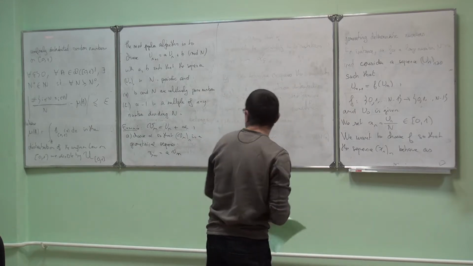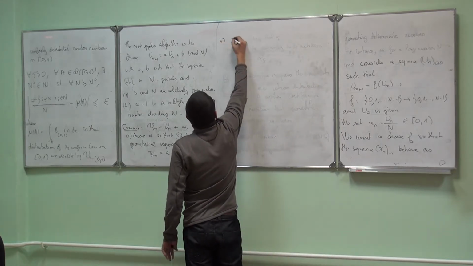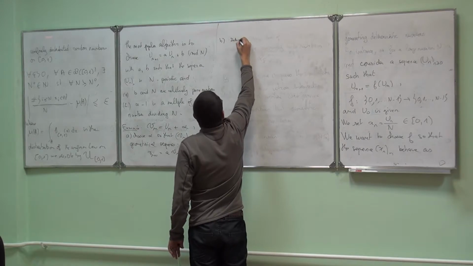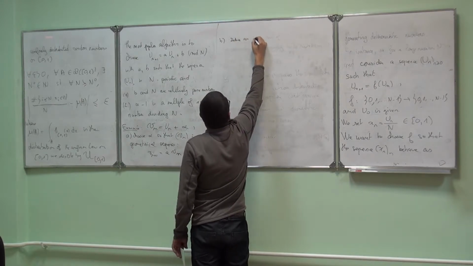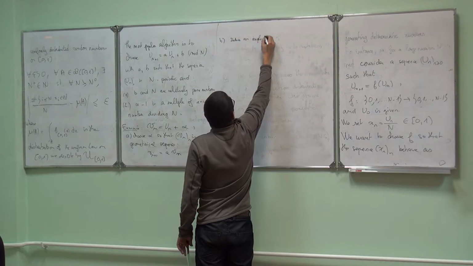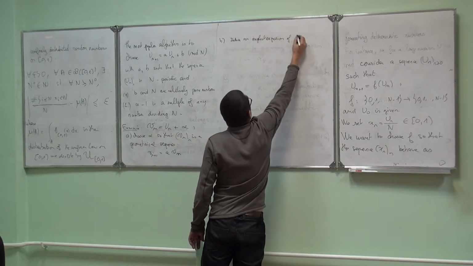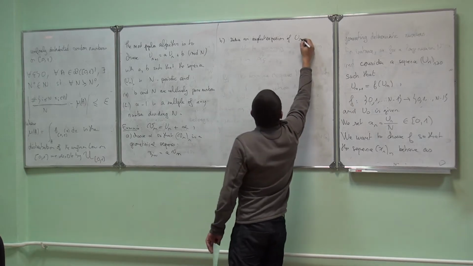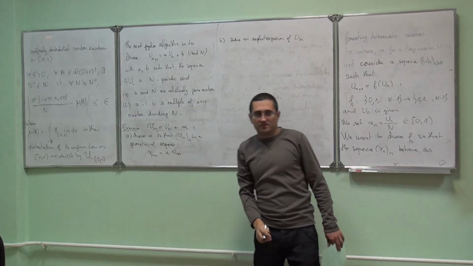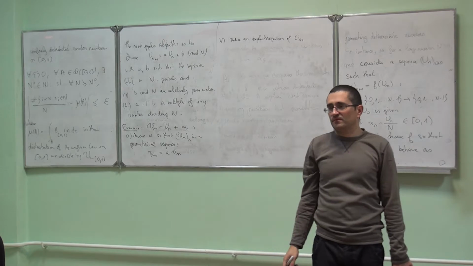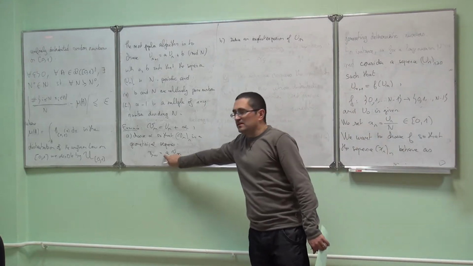And then, from there, you deduce an explicit expression of un, because you have such an explicit expression for Vn, because it is a geometrical sequence. Okay?